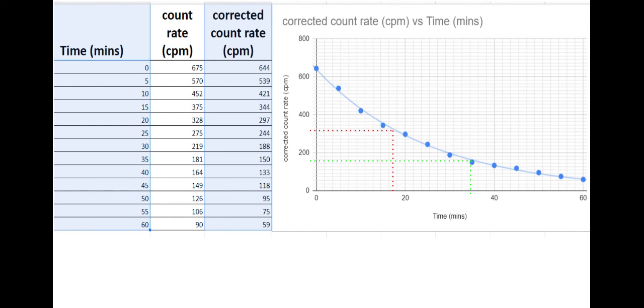Then half of that, and then half of that. So I've repeated that 3 times, and I can measure the half-life each time. It turns out that the half-life of the source is a pretty consistent 18 minutes.